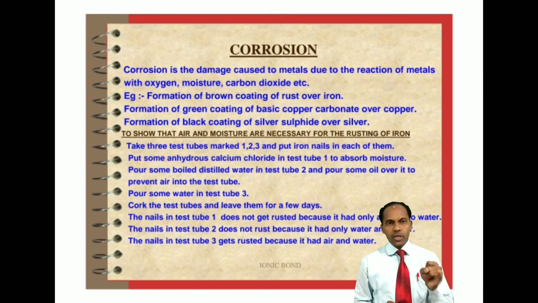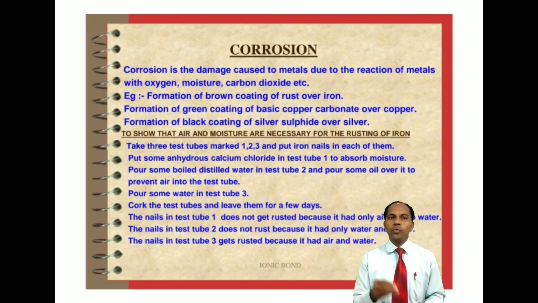In the first test tube we keep it dry, and we add some calcium chloride, which acts as a drying agent, so it will absorb the moisture. If any moisture is in the test tube, it will absorb it. So in the first test tube, calcium chloride and an iron nail are taken.